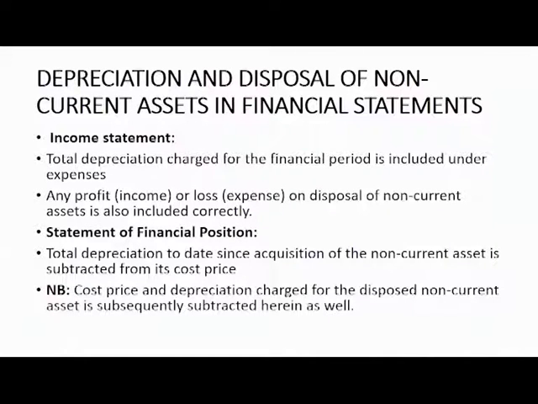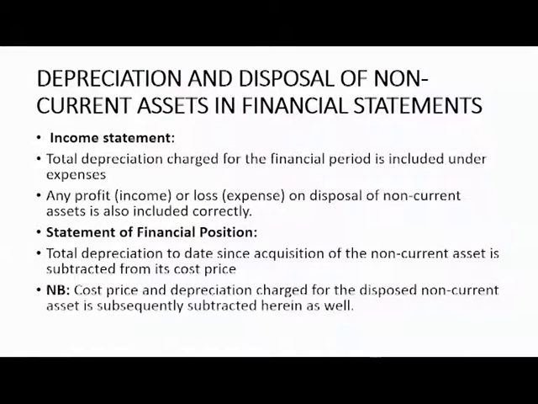Statement of financial position: total depreciation to date since acquisition of non-current assets is subtracted from its cost price, so that at the end of the day in our statement of financial position, usually called the balance sheet. In the past we used to call it balance sheet, but now we don't call it such. We have a new name called financial position.